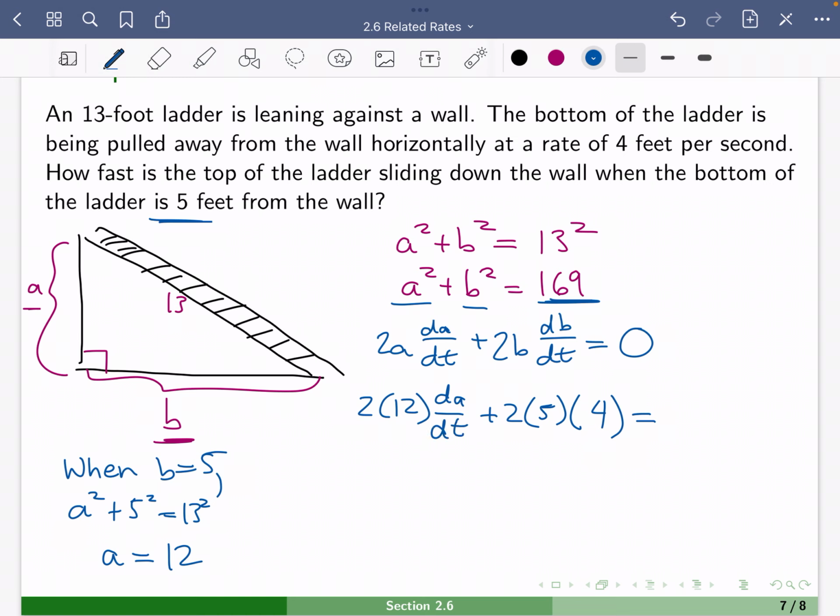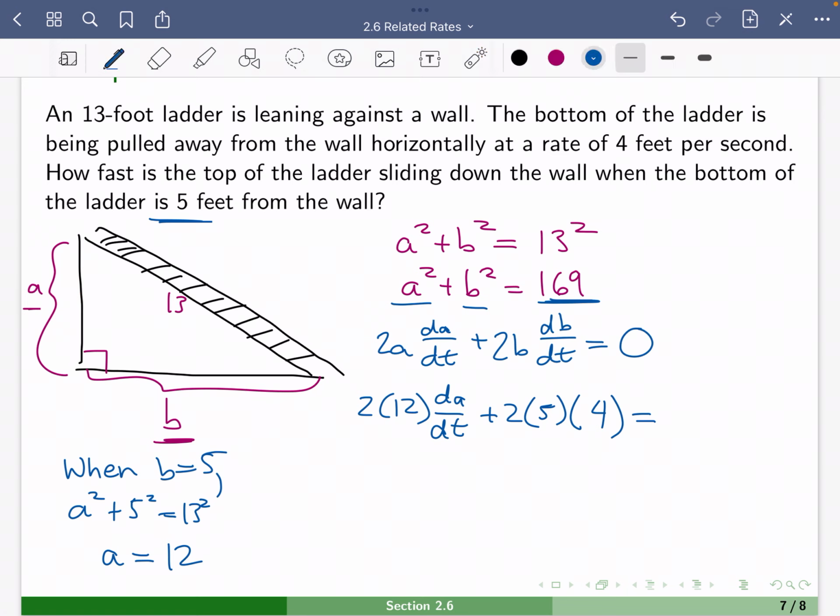Now, that is 4 feet per second. Should that be a positive 4 or a negative 4? Is this value of B getting larger or is it getting smaller? Since it's being pulled away from the wall, this value of B is getting larger, and the value of A should be getting smaller. So I should end up with a dA/dt that's a negative value.